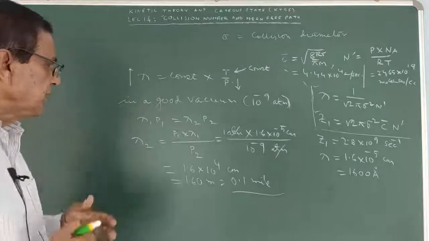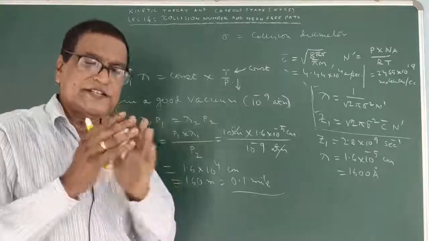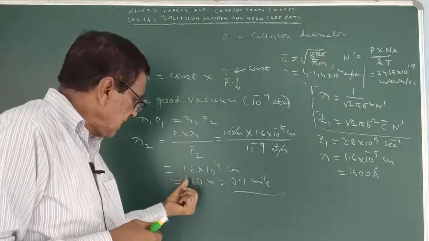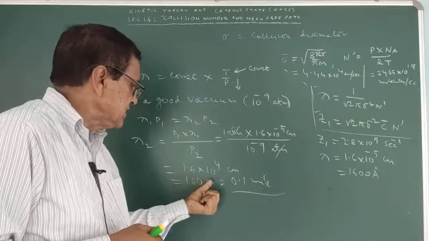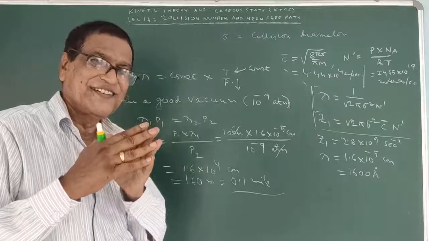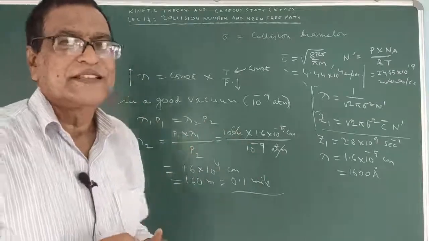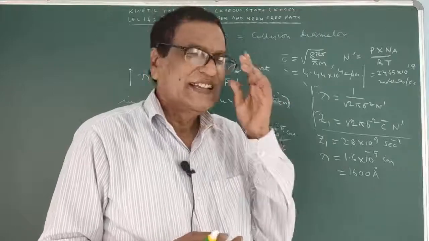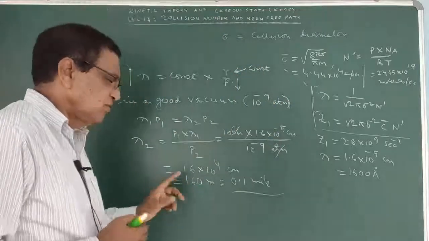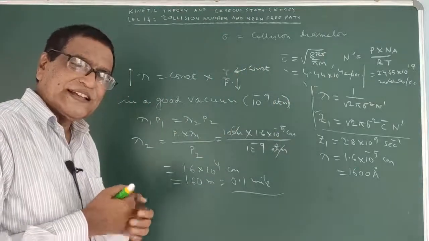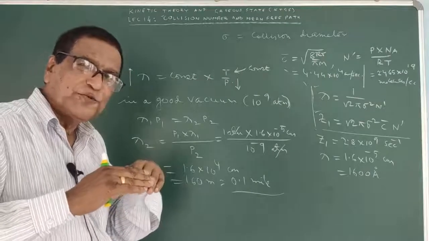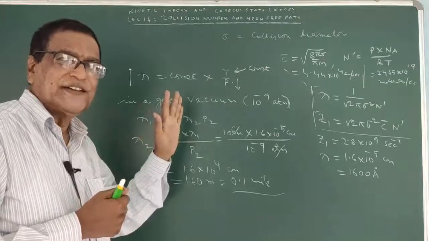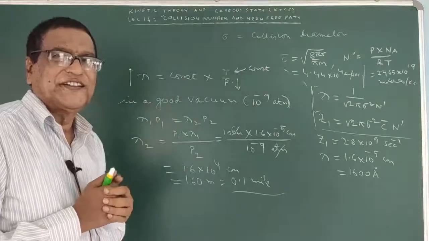So this mean free path is drastically large, 160 meter. If the length of the container is smaller, then this molecule, instead of colliding with other molecules, will collide with the wall of the container.